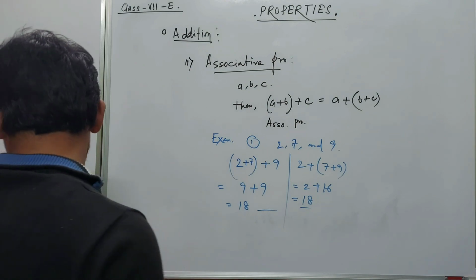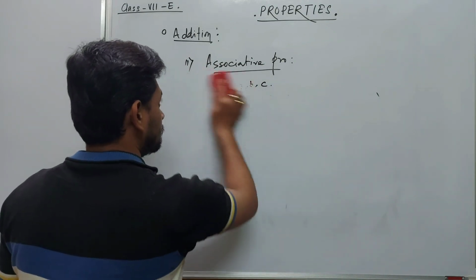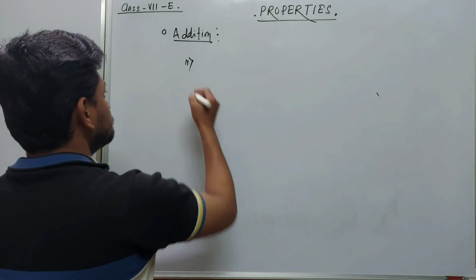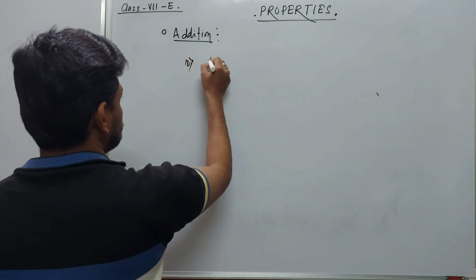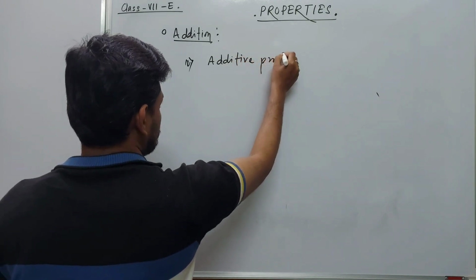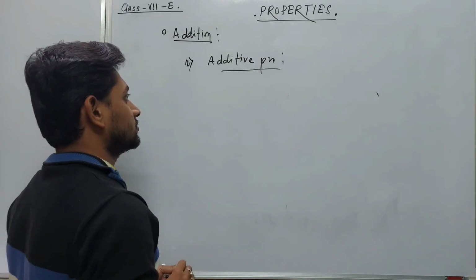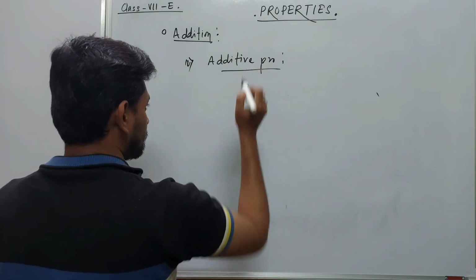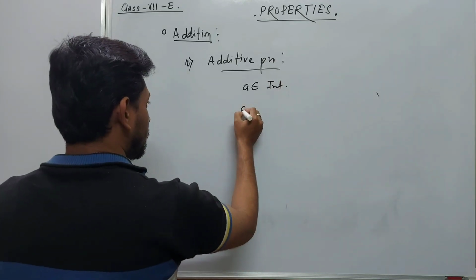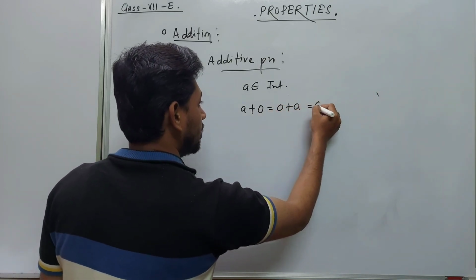Next part, the additive property, number 4. If we take an integer a, that is, a belongs to integers, then a plus 0 equals 0 plus a equals a.